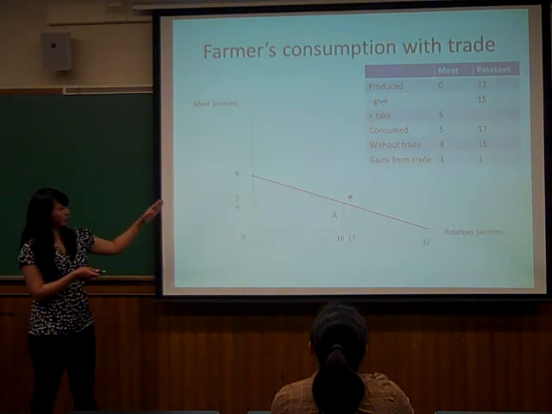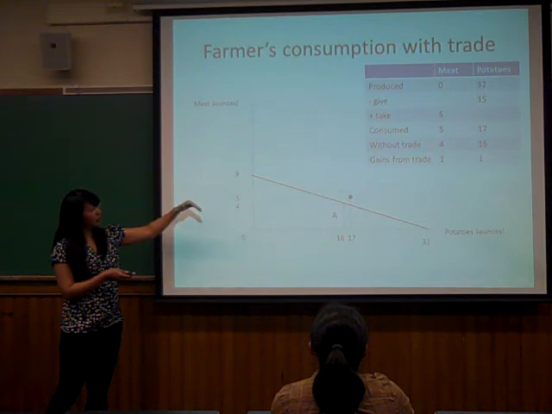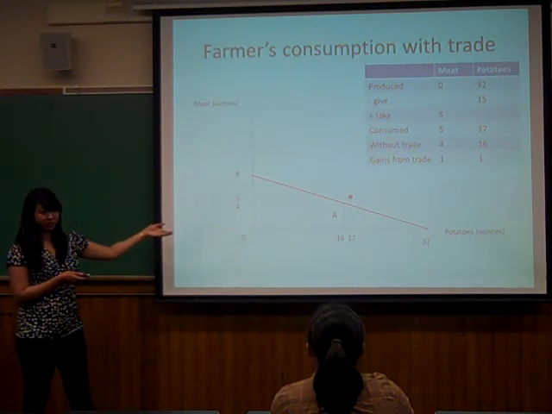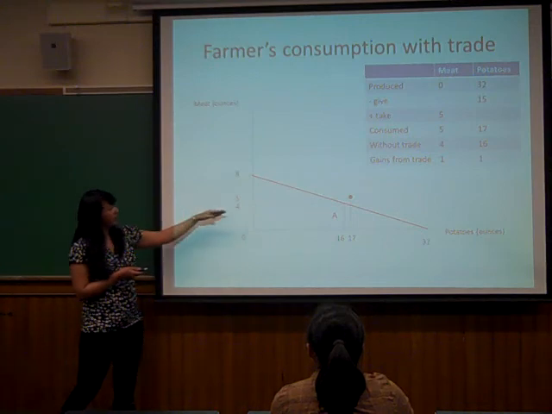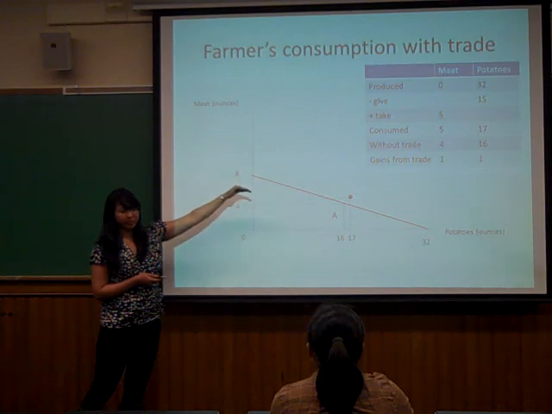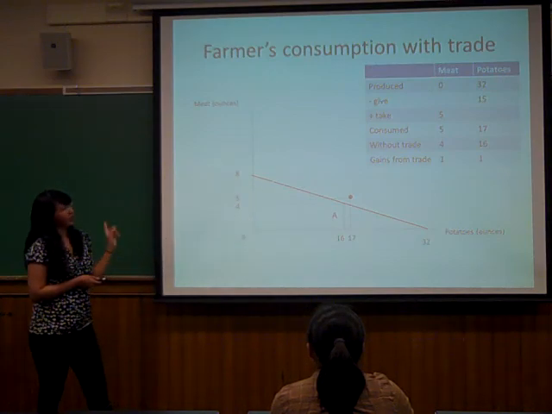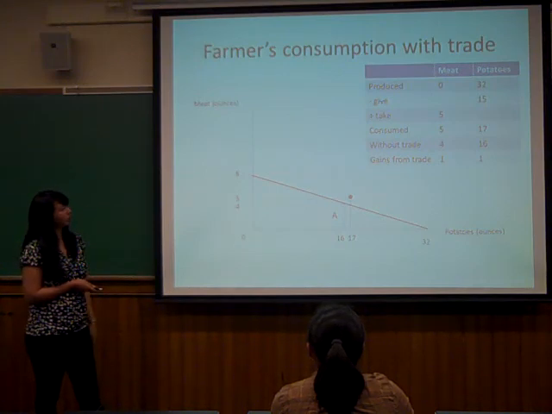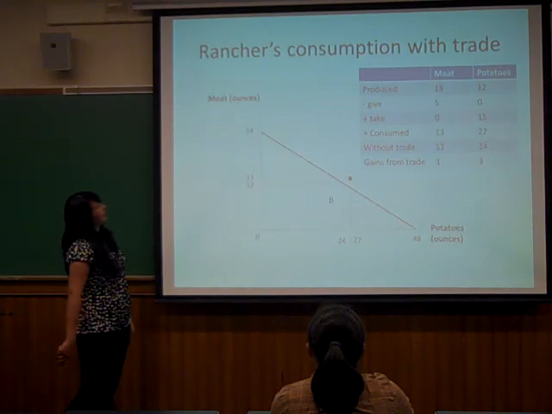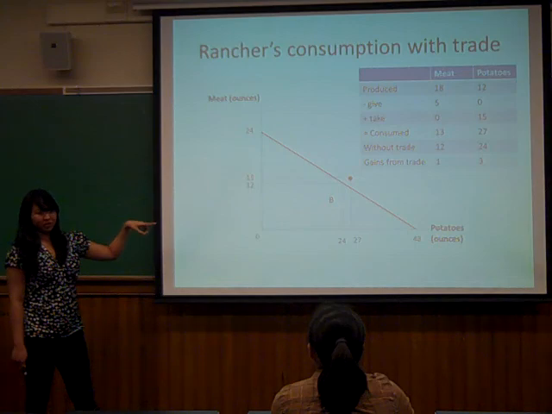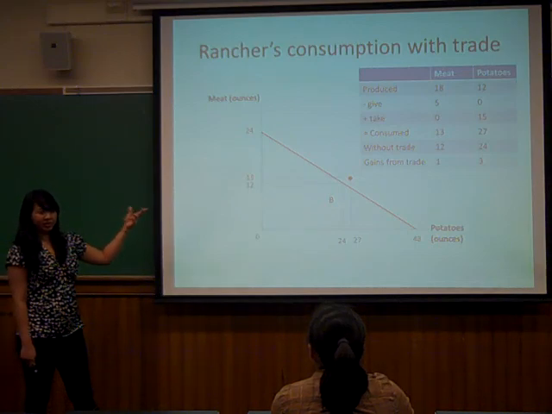If you show it on the PPF graph, that would be a point beyond the PPF curve, which was not previously achievable. With trade, the farmer was able to consume at a point beyond the PPF curve up there. The farmer has gained 1 ounce of meat and 1 ounce of potatoes from trade, and likewise, the rancher has gained 1 ounce of meat and 3 ounces of potatoes after trade.